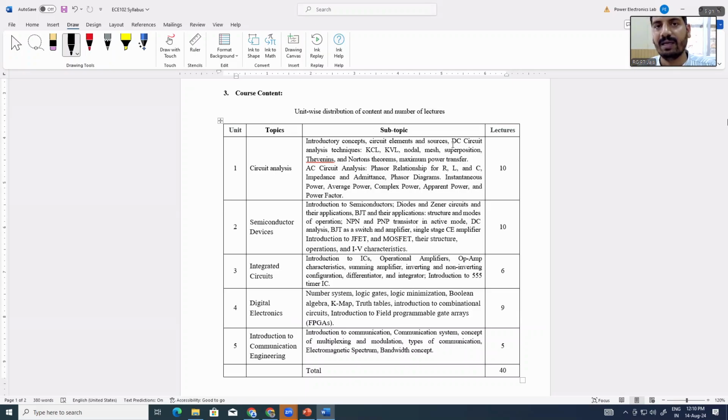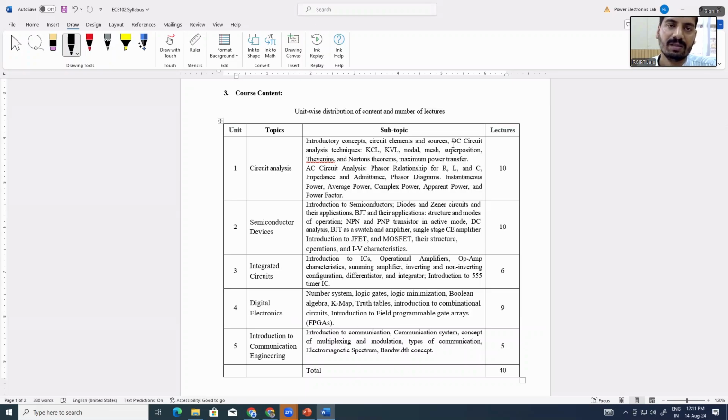The electricity that you are using in your home is alternating current, taken from the transformer, right? AC. So there are two forms of sources, AC and DC sources.